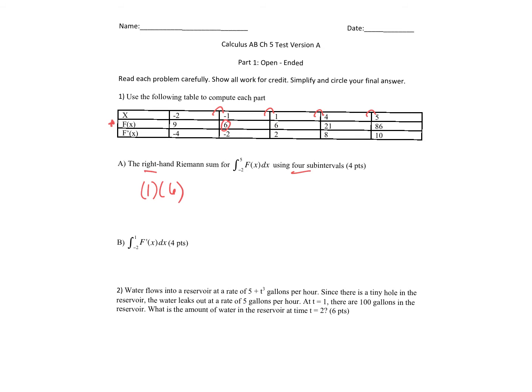The distance between -1 and 1 is 2 and a height of 6 again, because we are using the next right ordered pair. The distance between 1 and 4 is 3 and a height of 21. And the final one, from 4 to 5, is 1, but a height of 86.